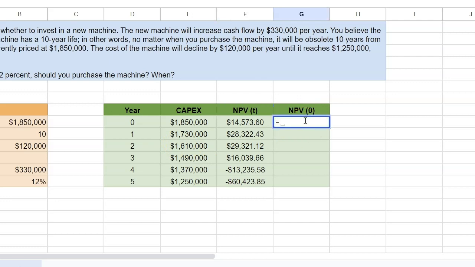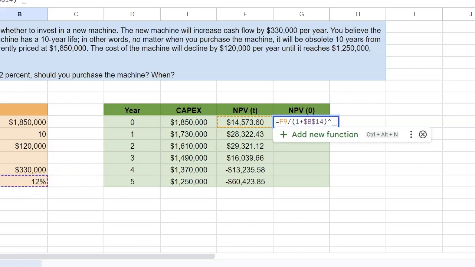So what we want to do, and this is the next step, is say equal to this guy divided by 1 plus the discount rate, and then I'm going to raise it to the power of the number of time periods, which in this case is 0. The main idea here is that I want to discount each NPV back to time period 0.